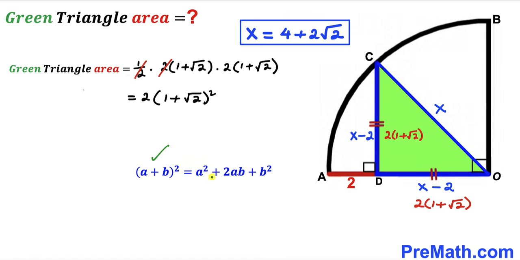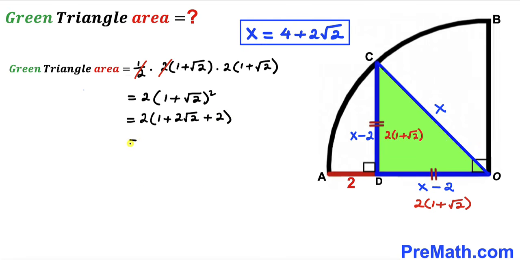And now let's recall another identity. A plus b whole square could be written as a square plus 2 times ab plus b square. And we are going to apply this identity on this binomial. So therefore we could write this one as 2 times 1 plus 2 times square root of 2 plus 2. Let's go ahead and simplify and combine the like terms inside this parentheses.